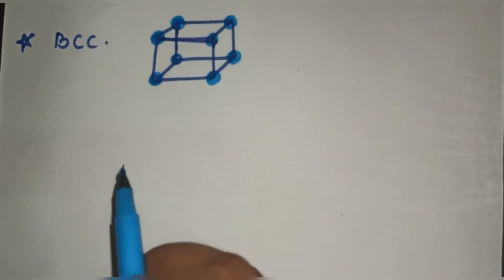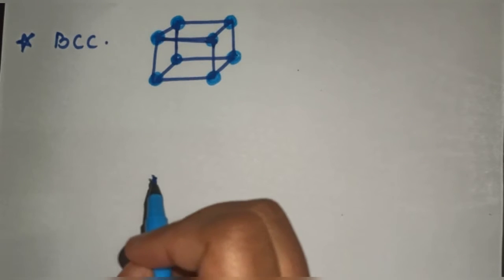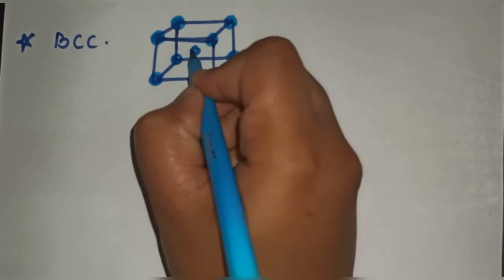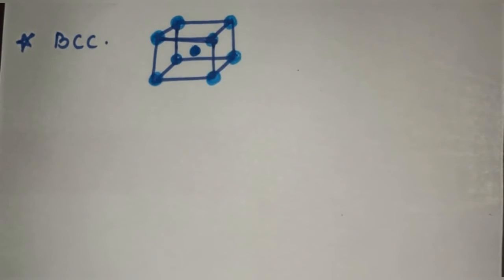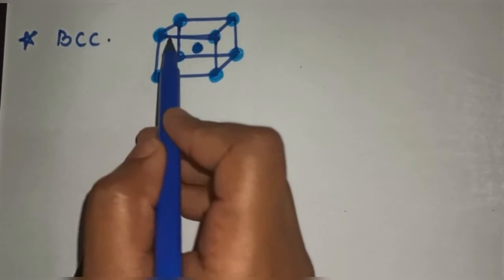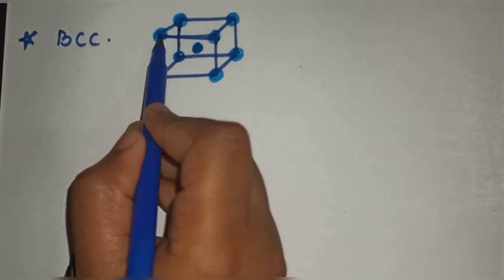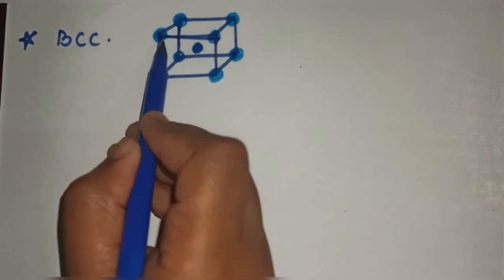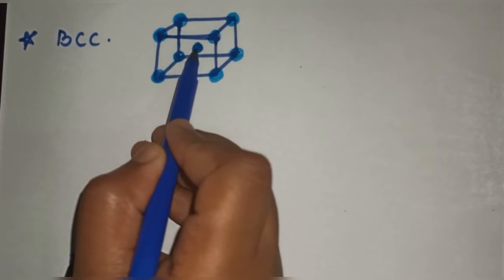All the 8. Along with the 8, there is the body centered atom. So we'll draw it like this. Now let's put a diagonal such that the first atom from the front and from the back will meet along with the body centered atom.